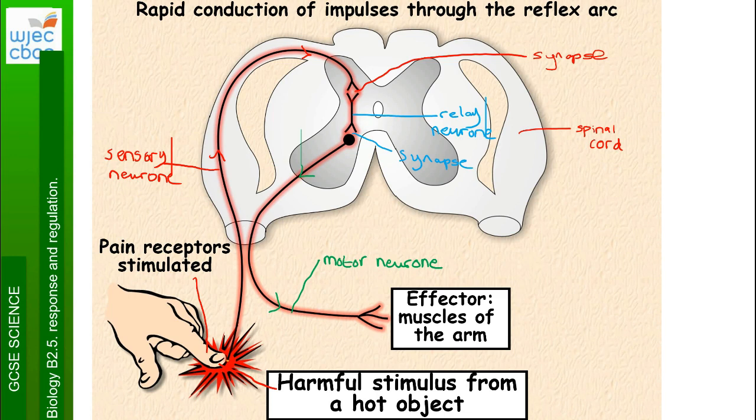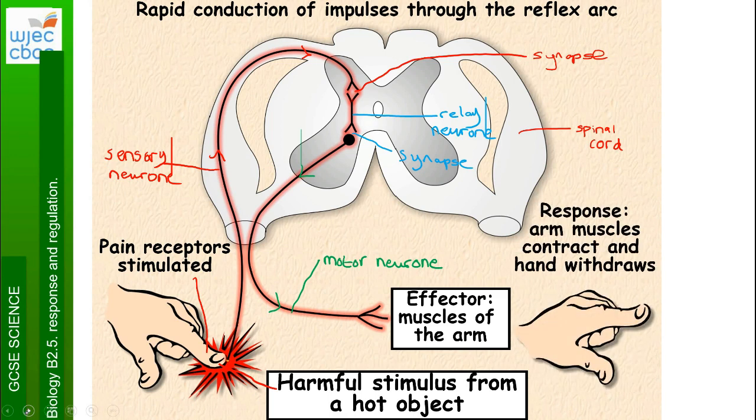At the end of the motor neuron then you would have the effector, which in this situation would be the muscles in the arm, which would then cause a response by moving the hand away.